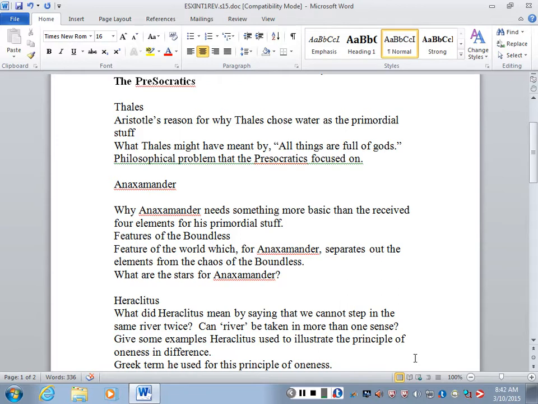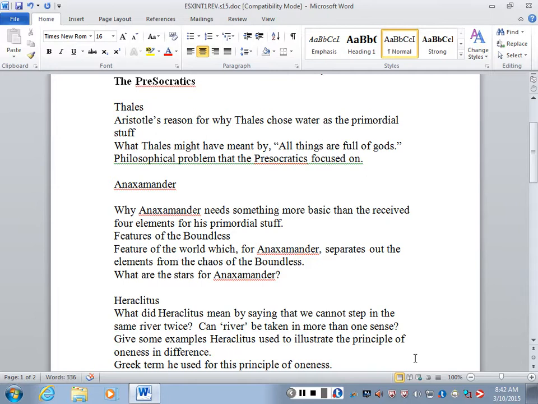Okay, the philosophical problem that most of these ancient philosophers were dealing with was what we call the problem of the one and the many. Is reality ultimately only one kind of thing, or is it irreducibly many kinds of things? Note, the four-element theory says that ultimate reality is irreducibly four kinds of things. That is, you can't get more basic than that. But notice these pre-Socratic philosophers are trying to get more basic than that.